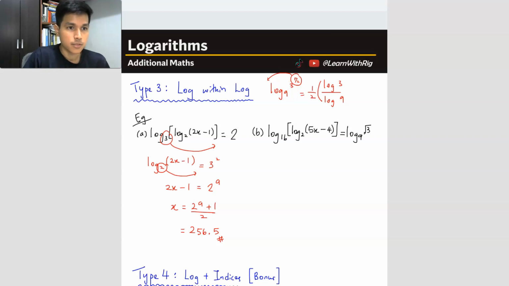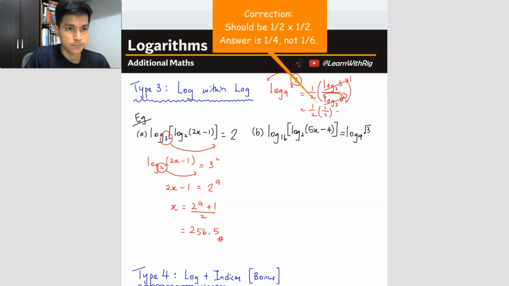Both you want to change to base 3, right? The 9 I can change to 3 square. So this one becomes 1, and then this 2 I bring to the front, and log base 3 of 3 becomes 1. So I will have 1 over 2 times 1 over 2 is... so I get 1 over 6. Okay, so this one here is equals to 1 over 6.